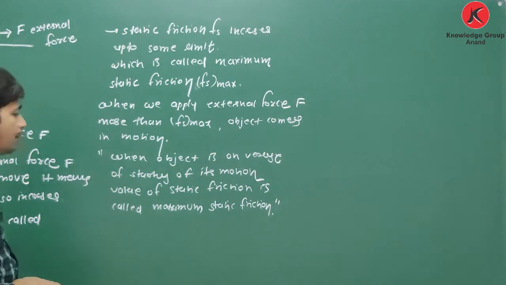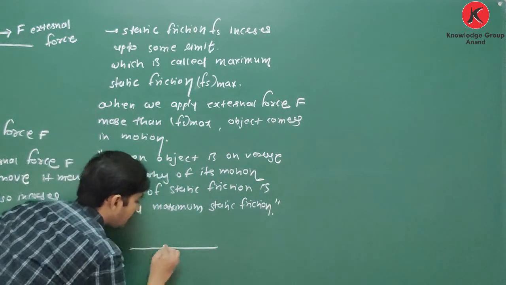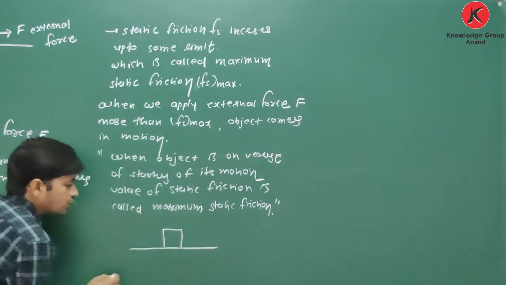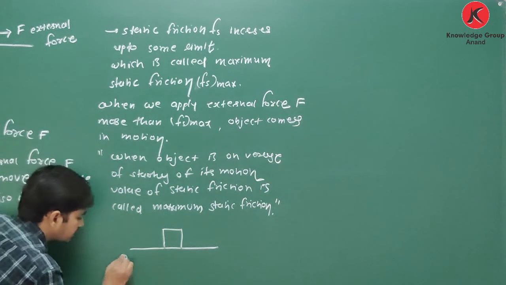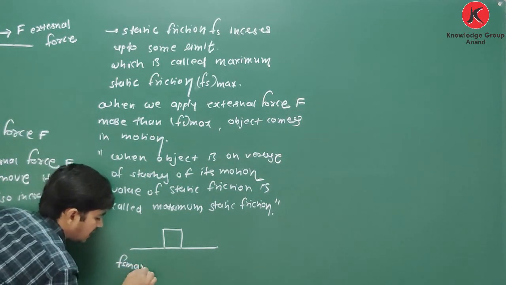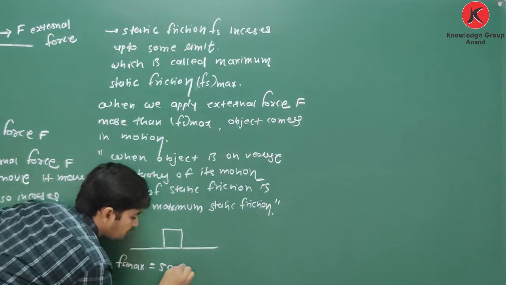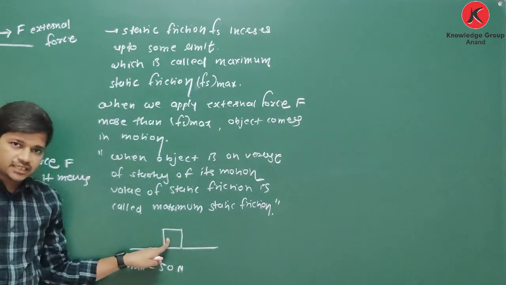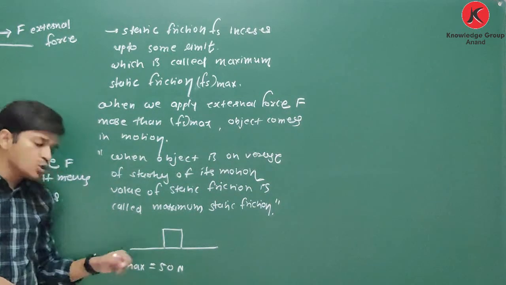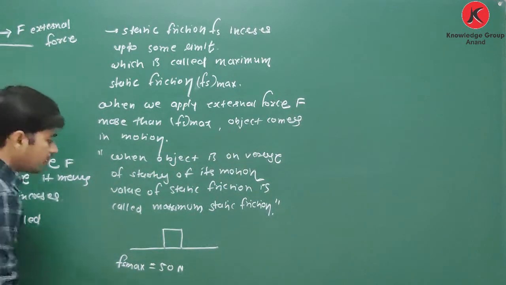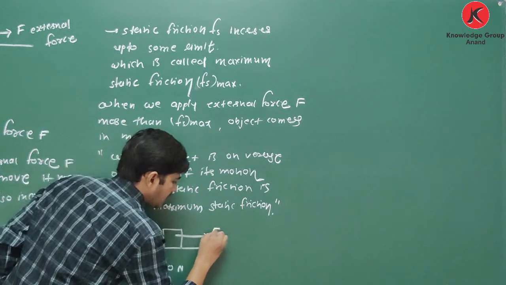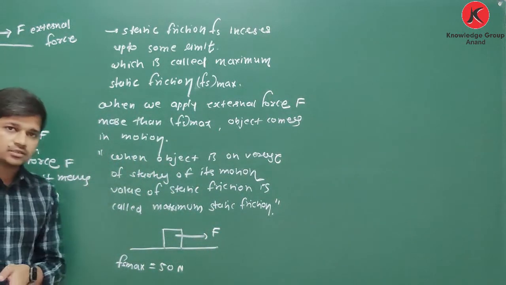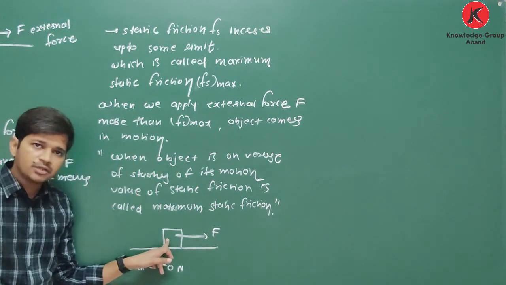So what is maximum static friction? For example, I have this object. For this object, Fs maximum is equal to 50 Newton. Understand? It means if on this block I am applying external force 10 Newton, will this block come in motion?